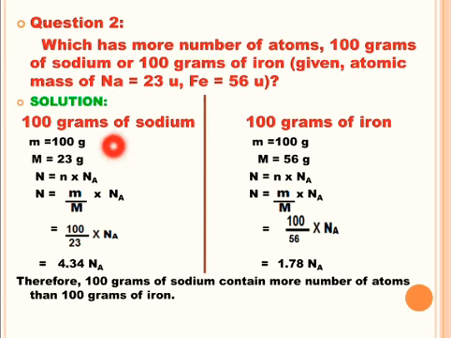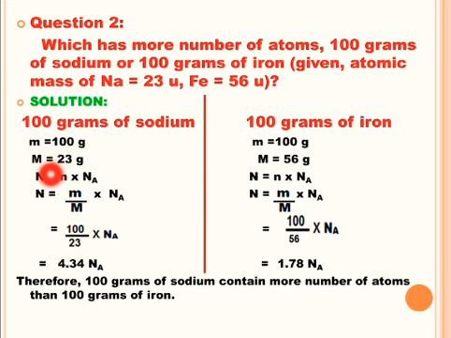On this side we have taken the case of 100 grams of sodium, and on this side we have taken the case of 100 grams of iron. Now to solve the numerical, what is the first step? First step is to see what is given in the statement. So what is given in the statement? 100 grams of sodium means mass of sodium is given, that is 100 grams.